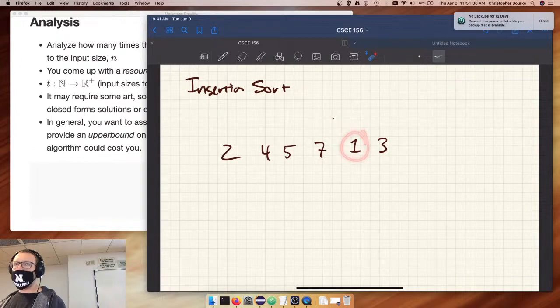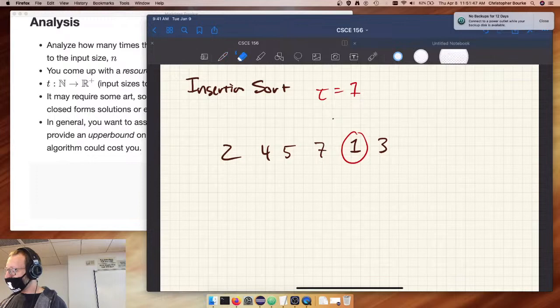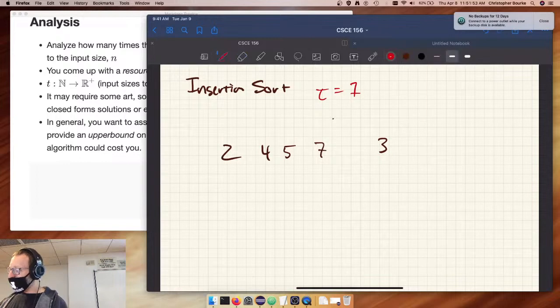1 is our next element over here. In fact, I'm going to highlight it in red, and then put it up here, t equals 1. And now we get rid of it because we now have room to shift stuff up. We compare 1 and 7 and find that they're out of order, so we shift 7 over.